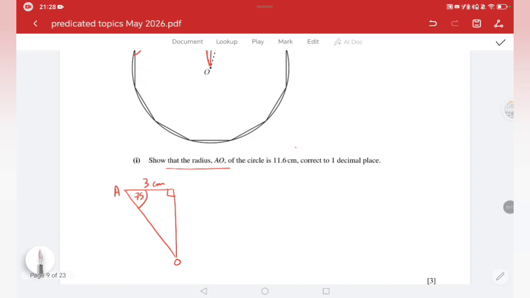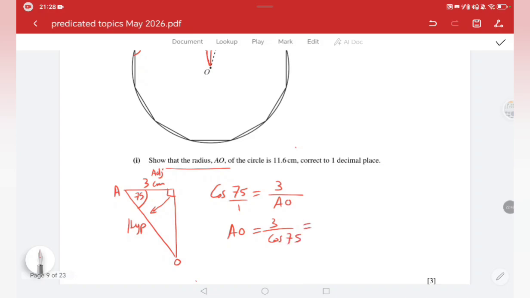This is the adjacent, and the side we need to find is the hypotenuse. So we can use cosine. Cosine 75 degrees equals the adjacent, which is 3, divided by the hypotenuse, which is AO. If you cross multiply, AO equals 3 over cosine 75.